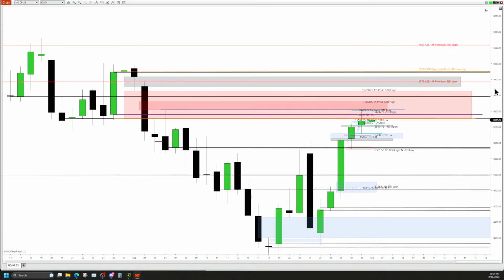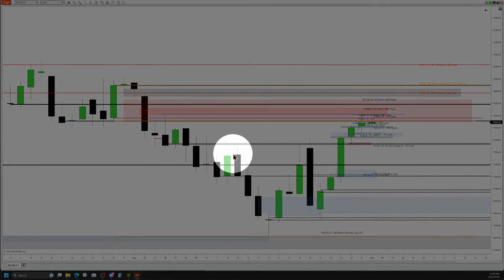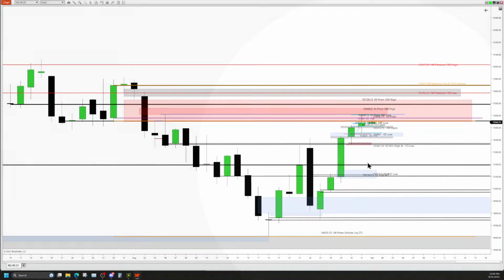But as you can see, we've had a lower high, lower low, higher high, higher low, higher high. It would be feasible to assume that we are going into a higher low area back on the daily.